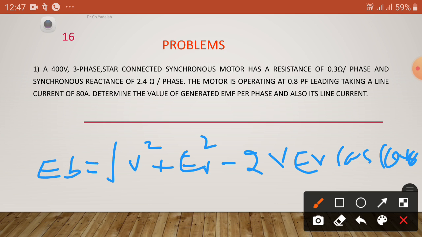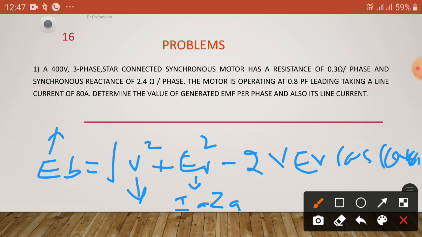Theta plus phi, because of the leading power factor. This is the basic formula we already know. Now I want to know Eb. I know V, the supply voltage, is given. Er I can write as Ia into Za.